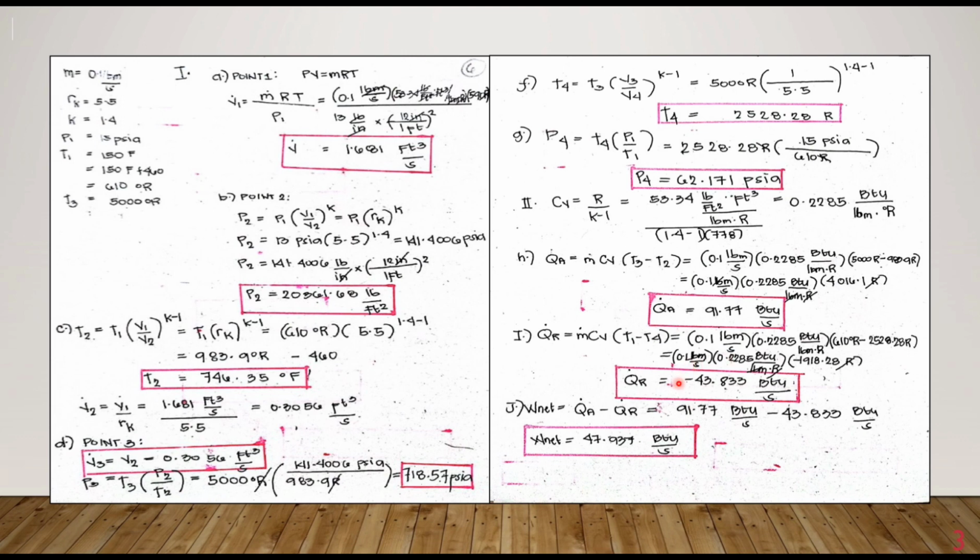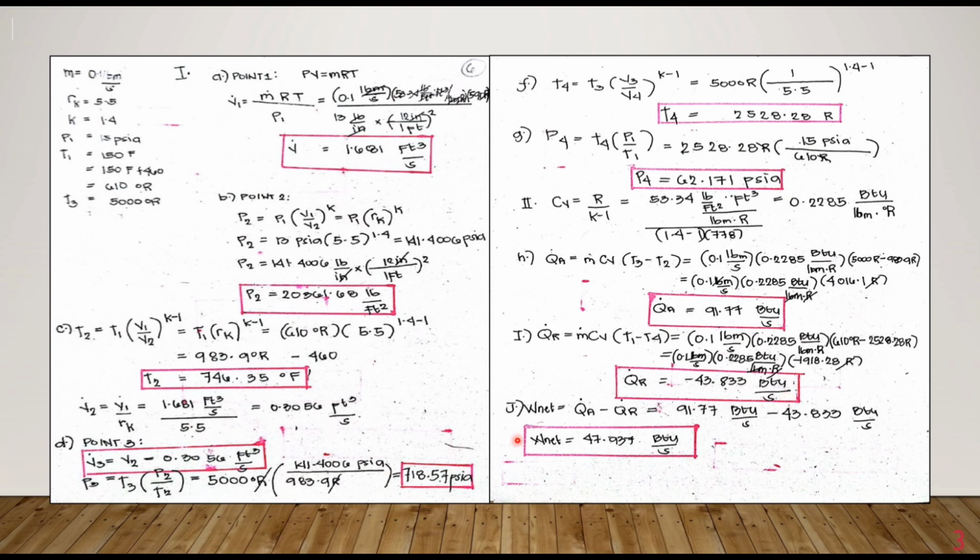So we have 0.1 lbm per second times 0.2285 BTU per lbm-Rankine times negative 1918.98 degrees Rankine. So we have QR is equal to negative 43.833 BTU per second.